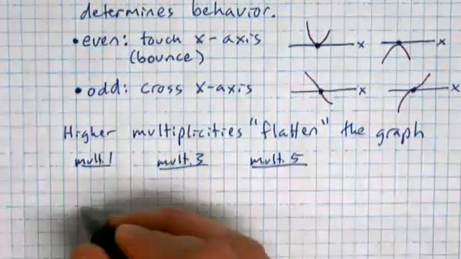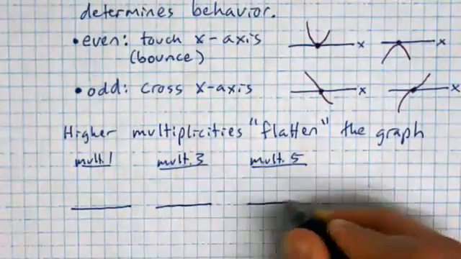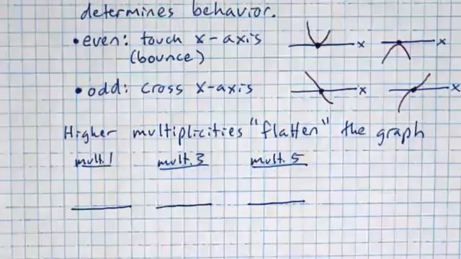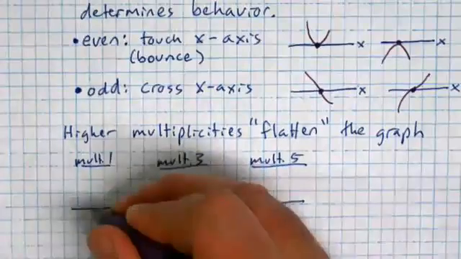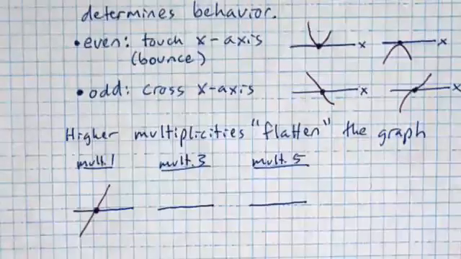So if I had some intercepts, and I'm going to make them all odd multiplicities. And since it's odd, that means we're crossing. If I had a multiplicity of 1, the graph's going to cross through.